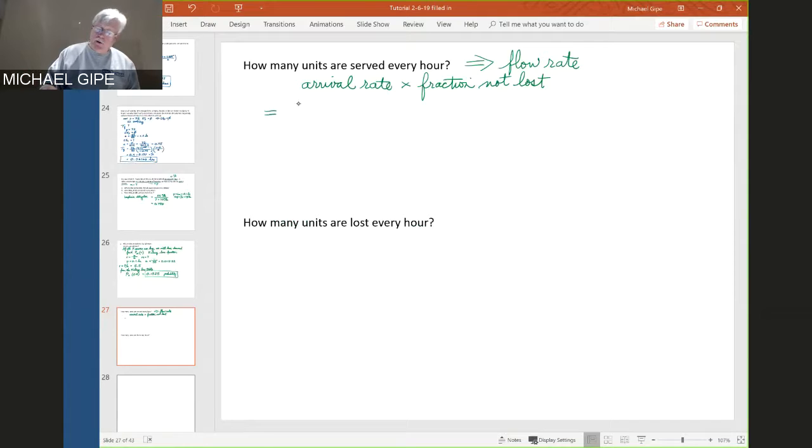And so the arrival rate is 1 over the inter-arrival time. And it's going to be what fraction are not lost, the probability of loss. That's going to be 55 times 1 minus 0.1525, sorry.